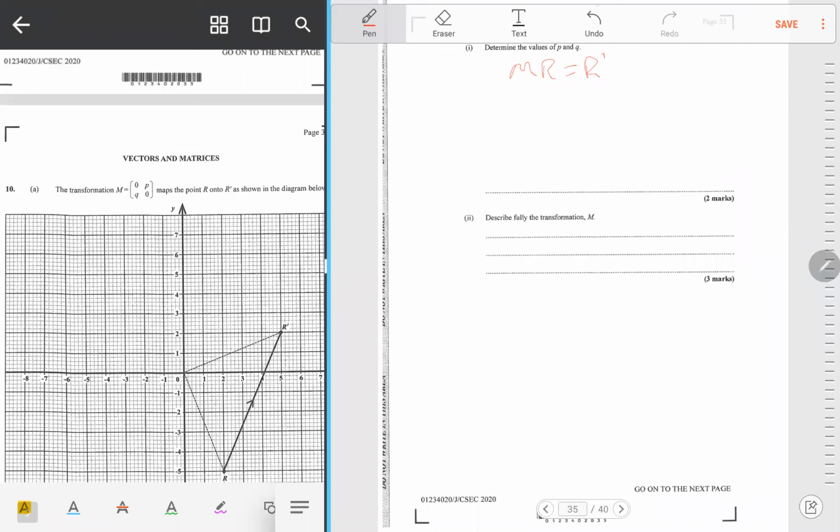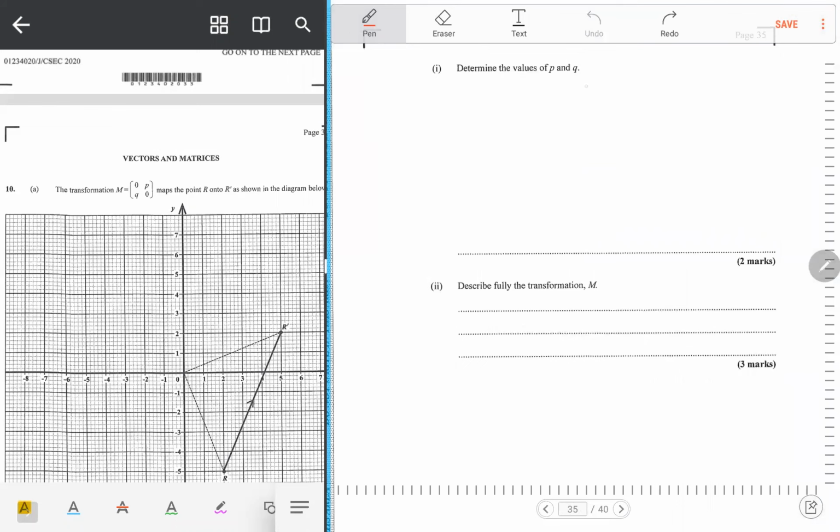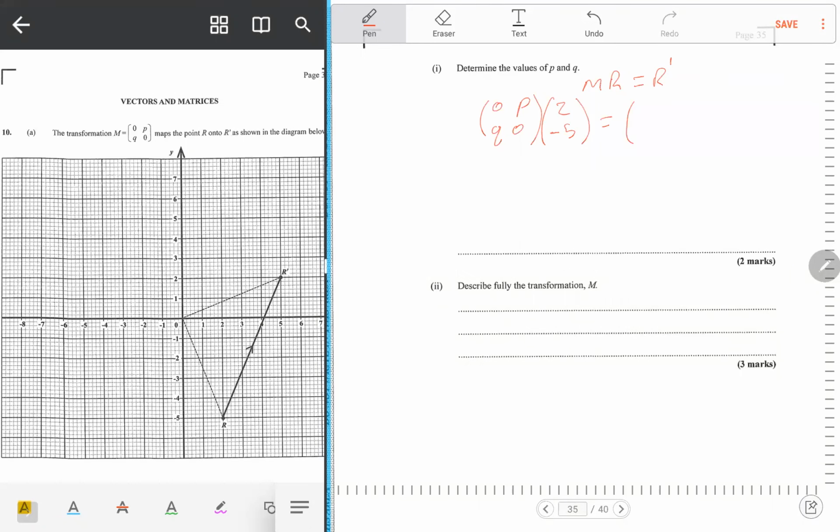So the matrix (0, P; Q, 0) times the matrix for R will map to R prime, which is (5, 2).